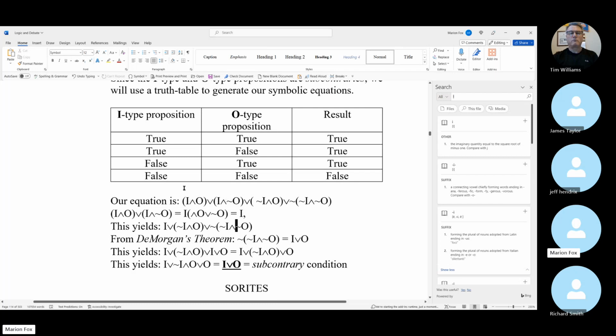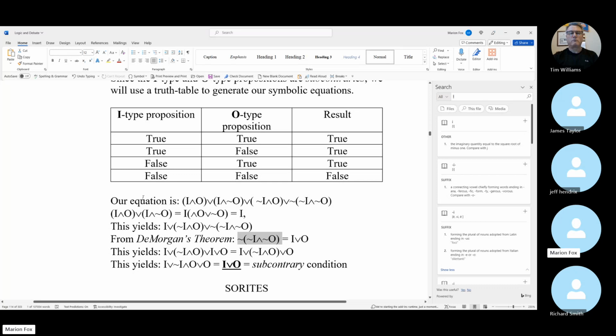So that gets us this over here. This part right here, well, let me put my mouse over it. That part right there is what we have right here. And so with De Morgan's, we'll end up with this, I or O. Right?